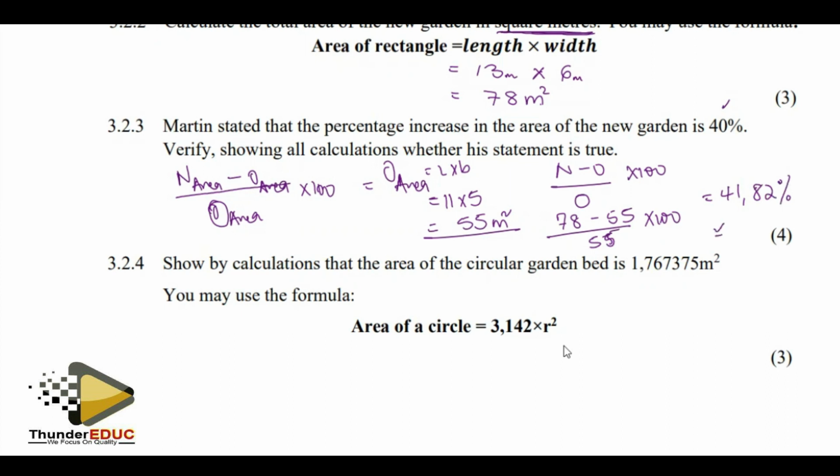So the answer is what? Invalid. Why? This is not 40%. If he said it's 40 and it's above 45, it's 40%, then it would be valid. If it's above and he said it's less, it would be false. Incorrect.